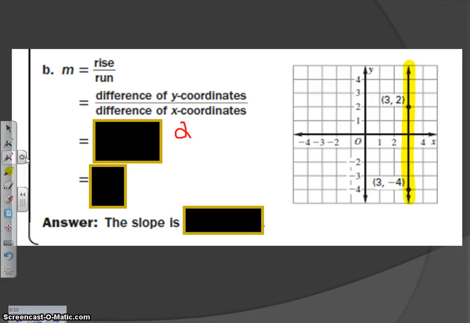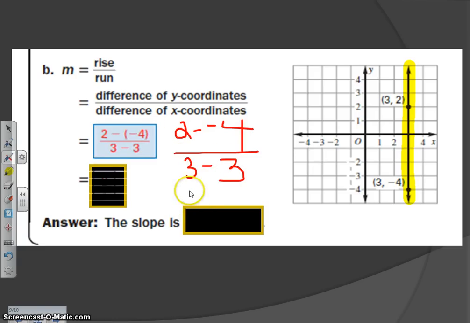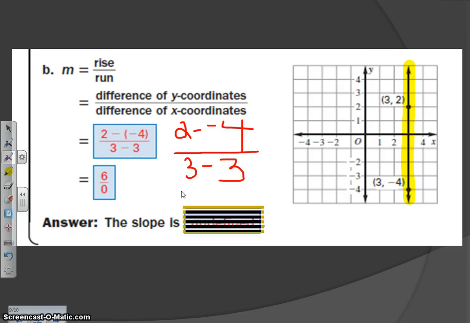What you end up doing, let's pick a y. So 2, subtract -4. You can see my x's this time are the same. And when I solve this, you get a 6 divided by a 0. You cannot divide by 0. So the answer is called undefined. You may want to write down somewhere that 0 divided by any number is going to be 0.